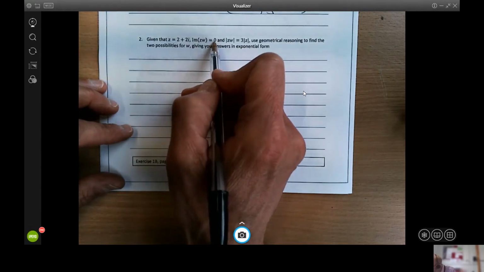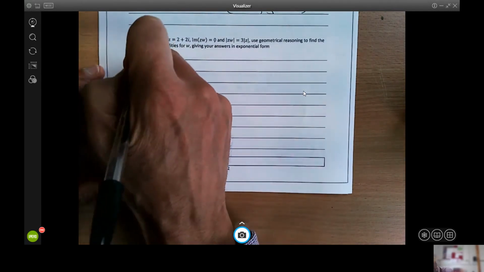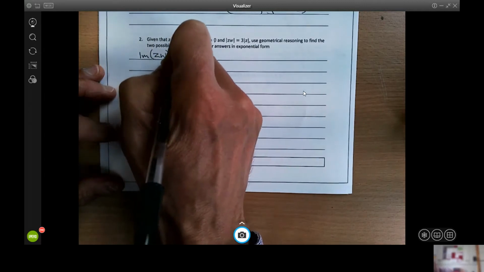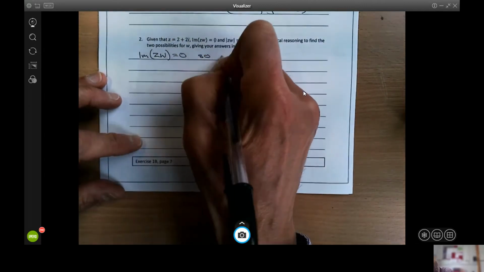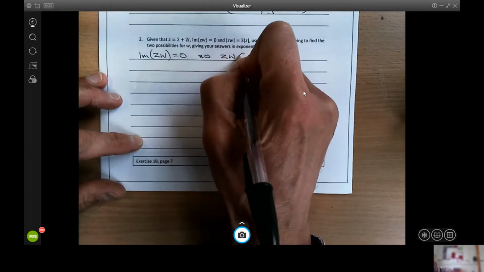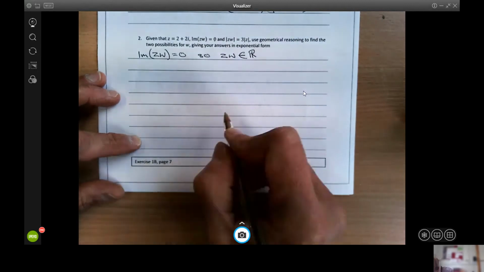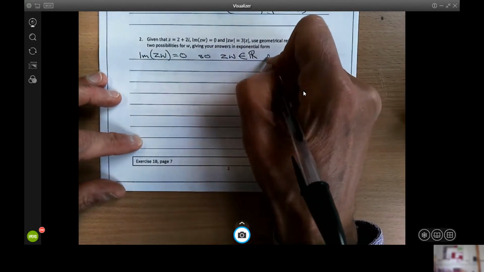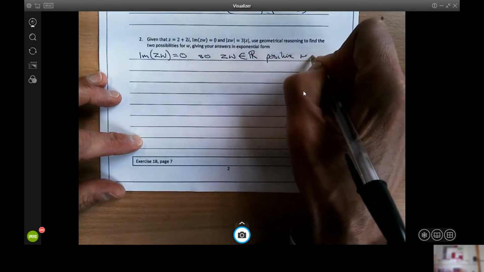Well, that means that zw is a real number. So we can say Im of zw equals 0. So the number zw is a real number, and it can be positive or negative.